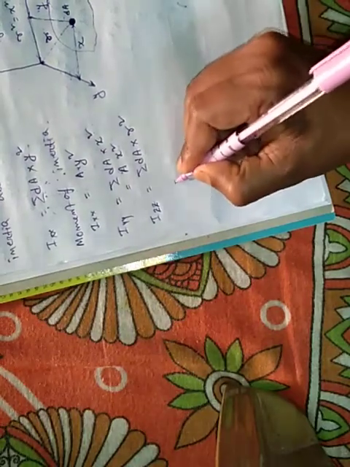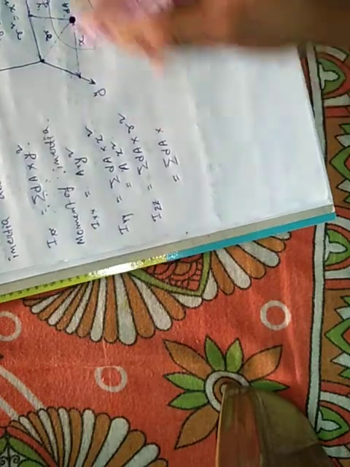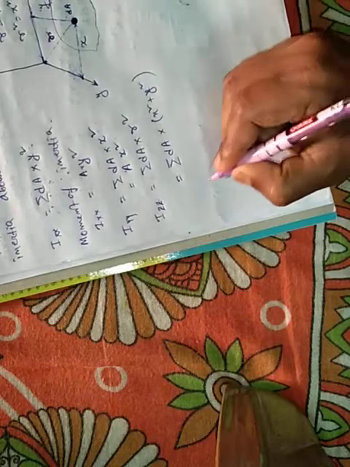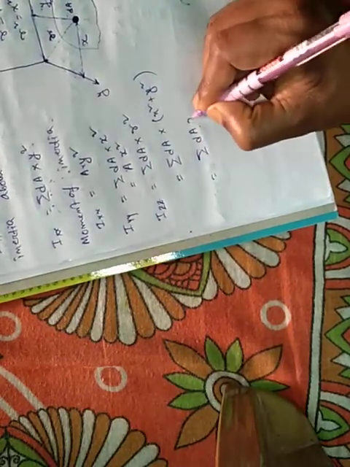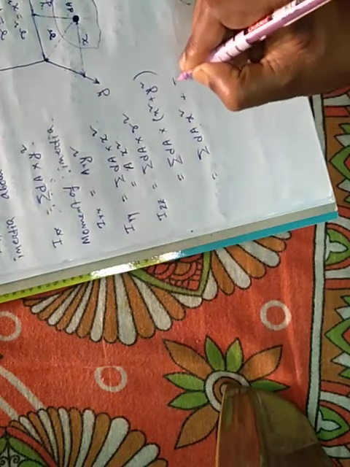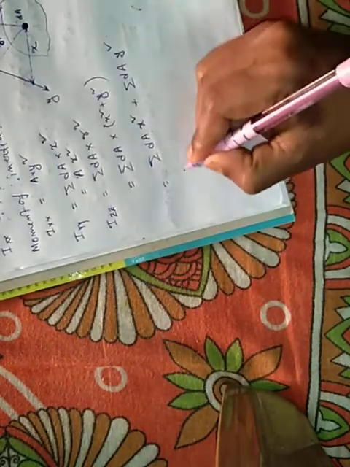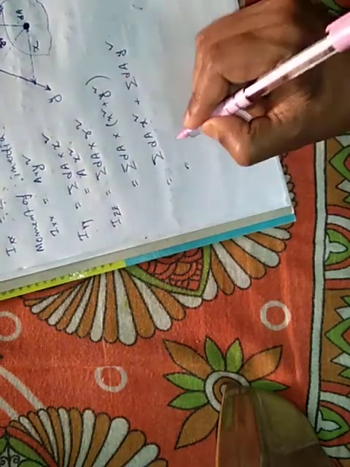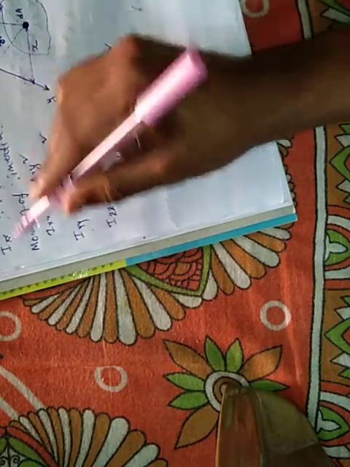So dA into r square is dA into x square plus y square. Now summation of dA into x square plus summation of dA into y square: dA into x square means moment of inertia about the y-axis, Iyy, plus dA into y square means moment of inertia about the x-axis.